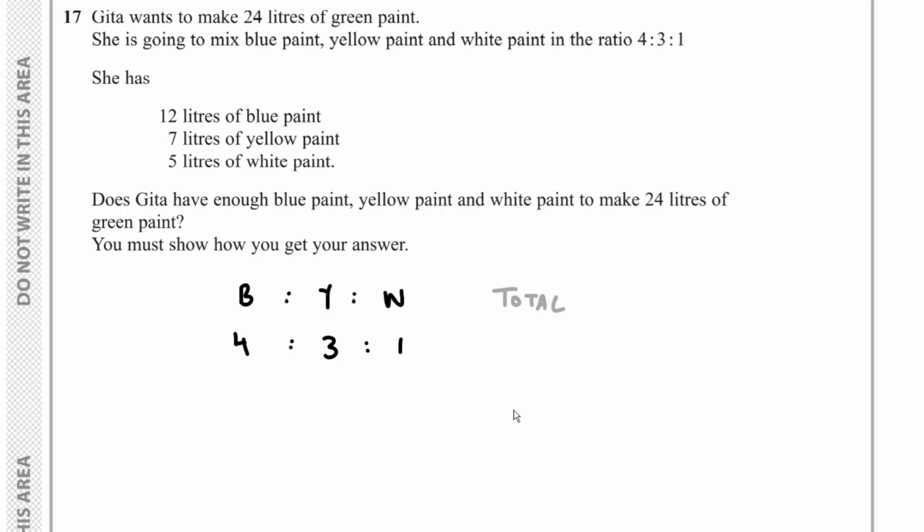So we want to make 24 in total, and so far what we've got, 4 plus 3 plus 1 is 8. So what I now need to do is multiply these by 3. 8 times 3 is 24. So 4 times 3, that's 12. 3 times 3 is 9. 1 times 3 is 3.